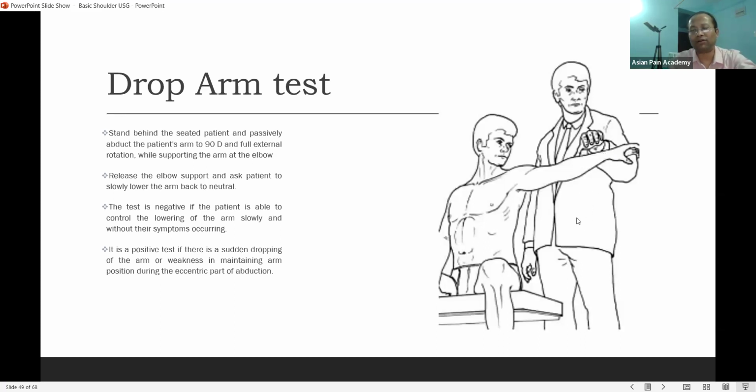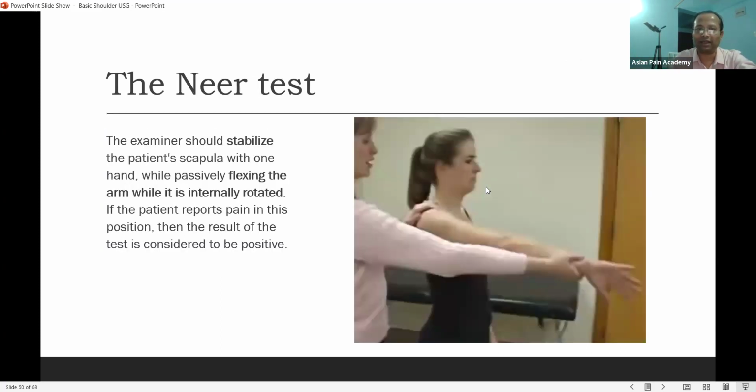If the patient cannot control the movement, and the hand suddenly drops, then the drop arm test is positive. That means the supraspinatus tendon, whose main function is abduction, controlled abduction, or strength during abduction, is not able to perform that. So there is supraspinatus tendinopathy.